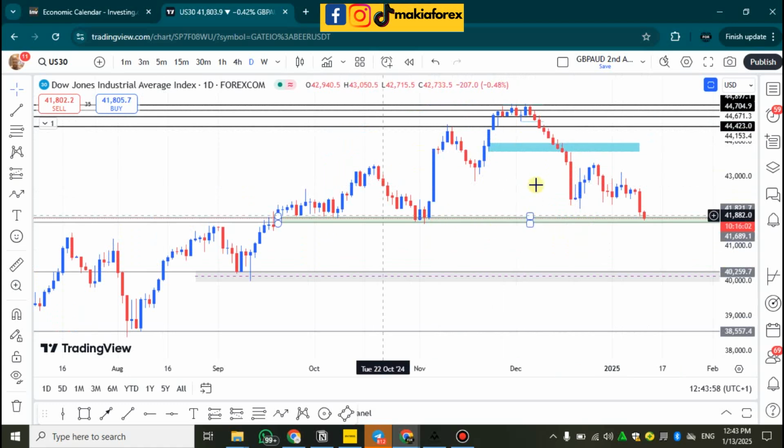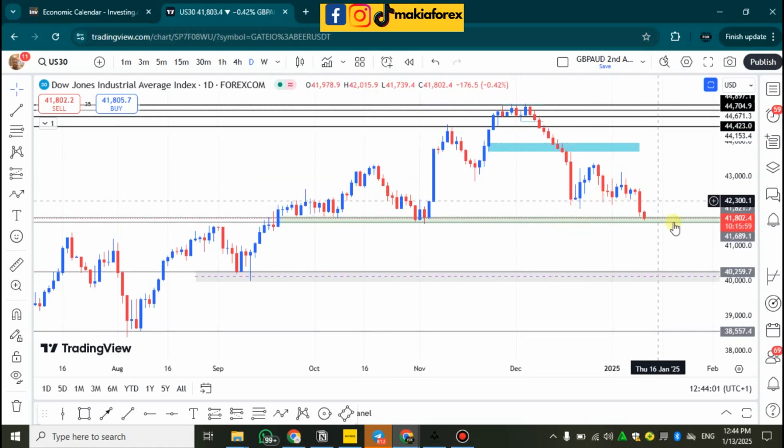Now, when I know that the market is going to be bearish this week, I'll be looking for mainly sell orders on the pairs that I'm trading, like US30, GBP/USD, Euro/USD, even though they don't move together. But like I said, if I choose to trade US30 this week, I want to be sure that if it's bearish in the higher time frame, I should be looking for mainly sell orders.